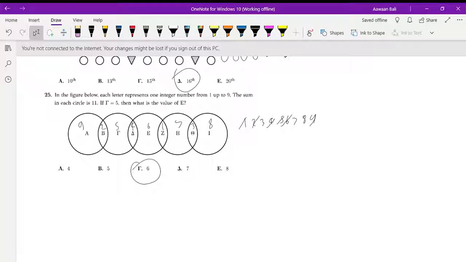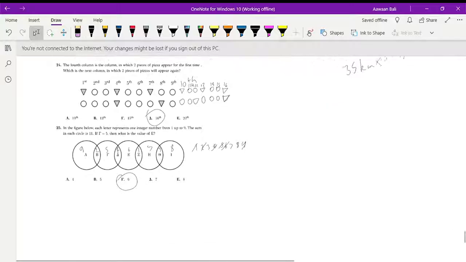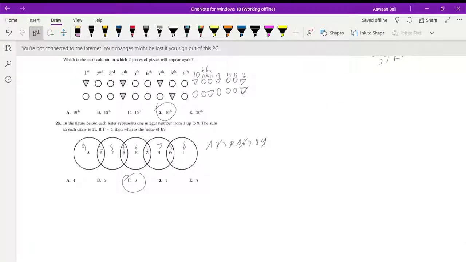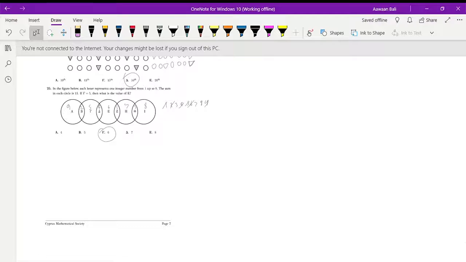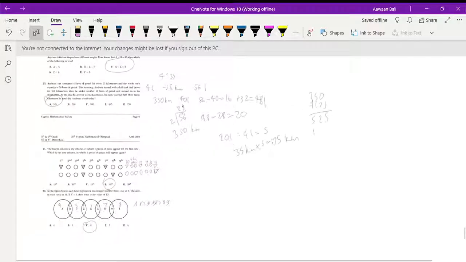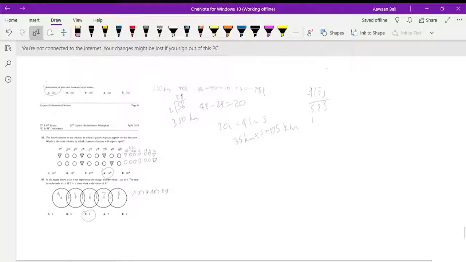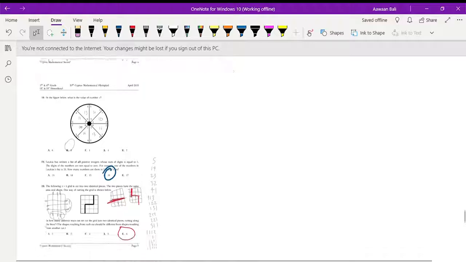You just have to get the correct combination as shown here, and you'll be fine, and you'll have finished the paper. So let me know in the comments below how much you've got in marks out of 25.